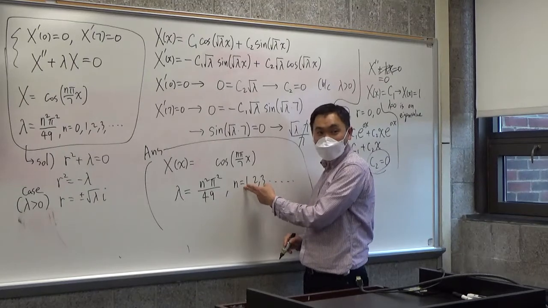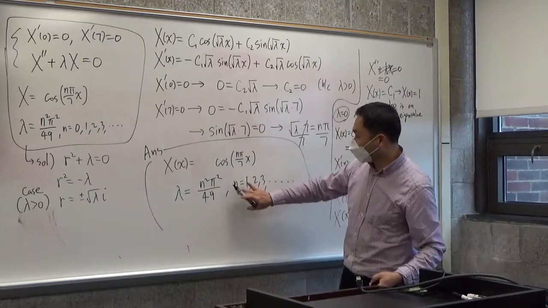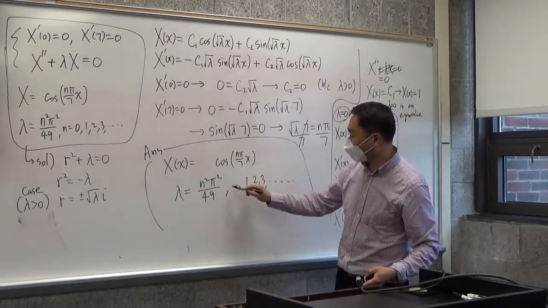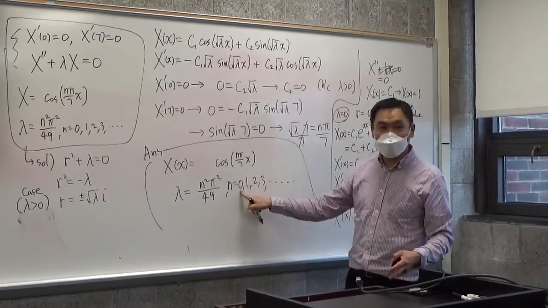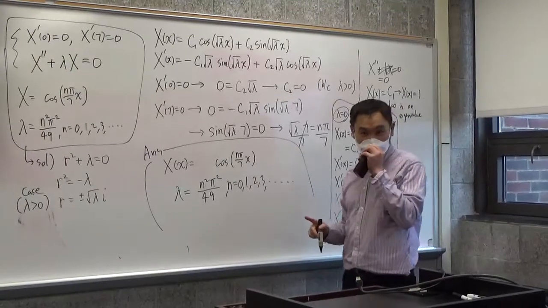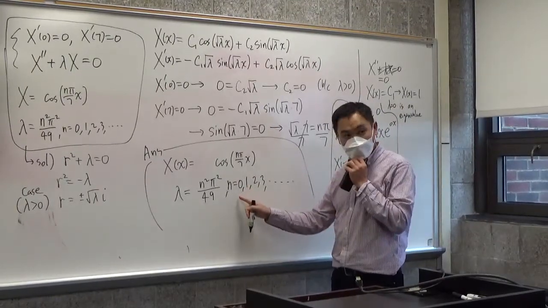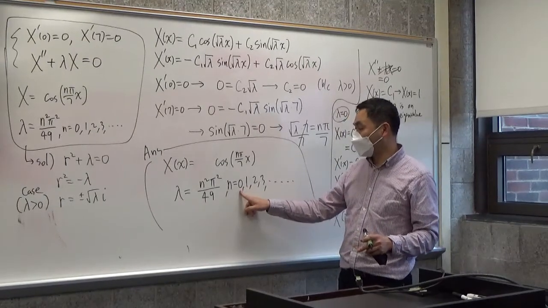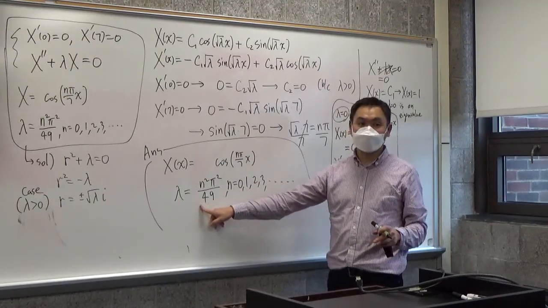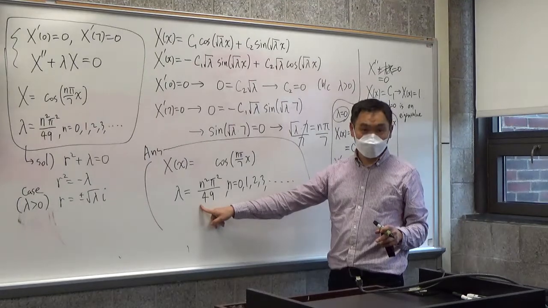Now let's see why 0 is included. Before I had n equals 1, 2, 3, but n equals 0 should be included. And missing that 0 will be costing you 1 point on the exam. So make sure that you write this, okay? Now let's see why 0 makes sense. If n is 0, what's the value of lambda? 0, okay?